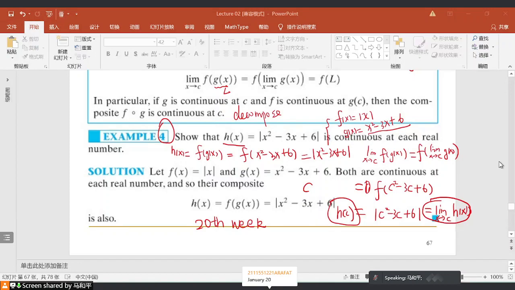I don't know the date. I haven't set it. 20th week. Yeah, 20th week. Okay.